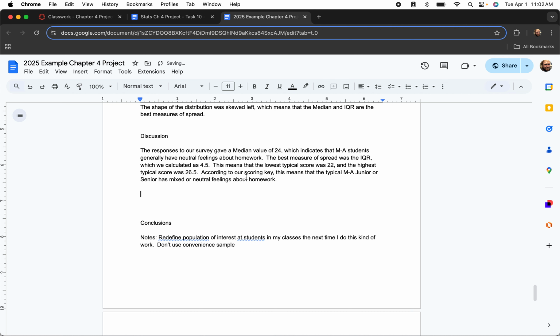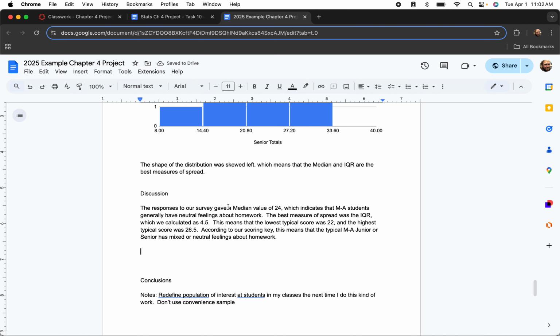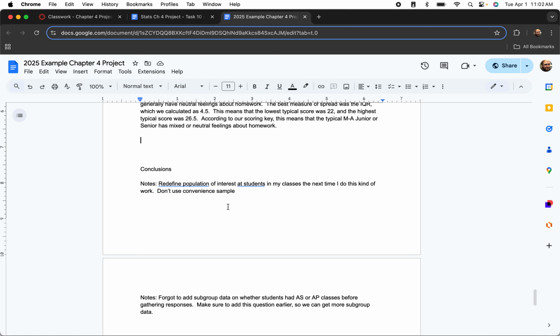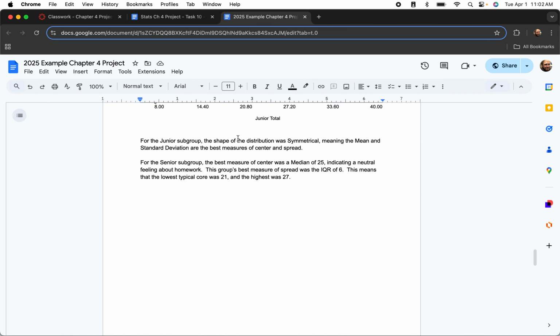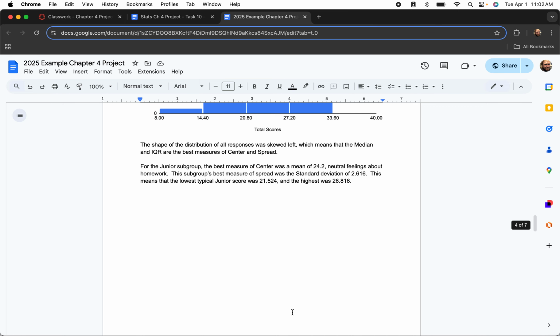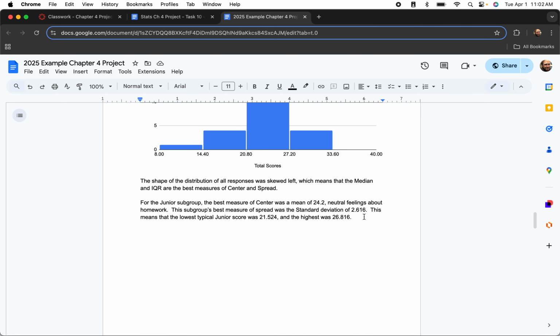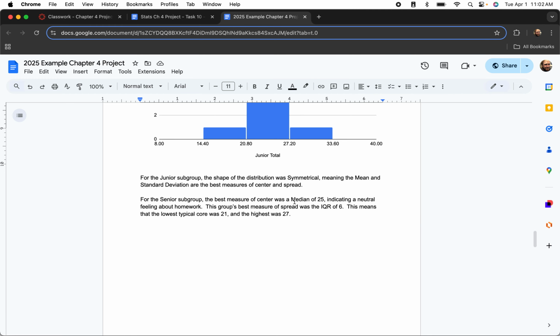We also need to state our interpretations of each of the subgroups. I have identified 2, even though I was supposed to do more. And actually, we can use some of the notes that I put down for some of my sampling errors as well. So for the junior subgroup, I can take most of my information there.